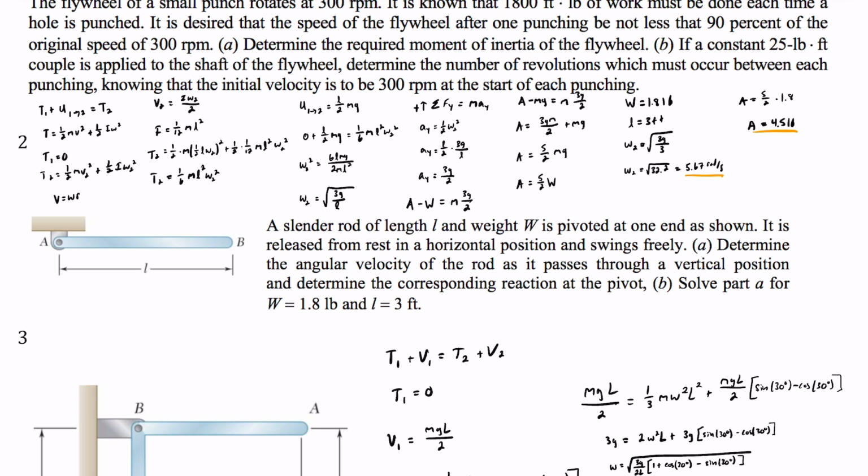T2 equals 1/2 times mass times (L omega 2 / 2) squared plus half times 1/12 mass times L squared omega 2 squared. T2 will then equal 1/6 mass L squared omega 2 squared.